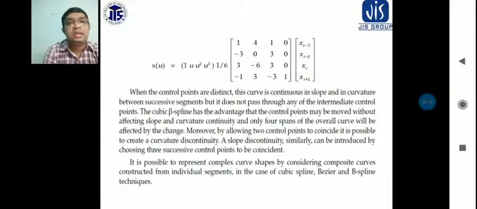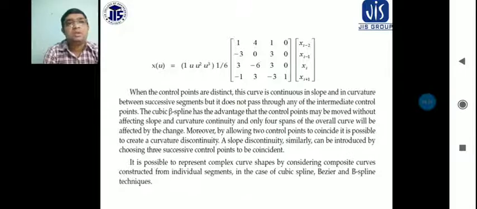You can see x(u) equals 1, u, u squared, u cubed, times 1 by 6. Then a square 4 by 4 matrix is considered. The first column is 1, minus 3, 3, minus 1, and the second column is 4, 0, minus 6, 3.